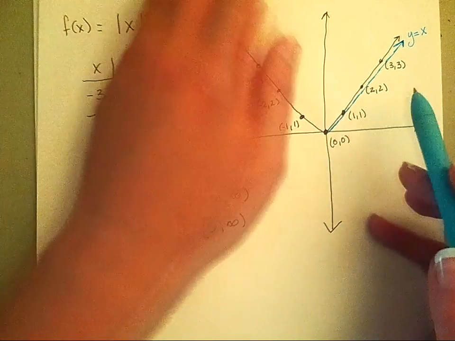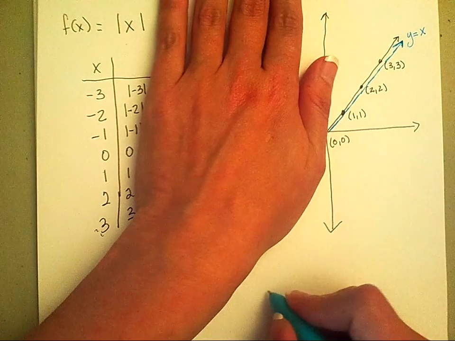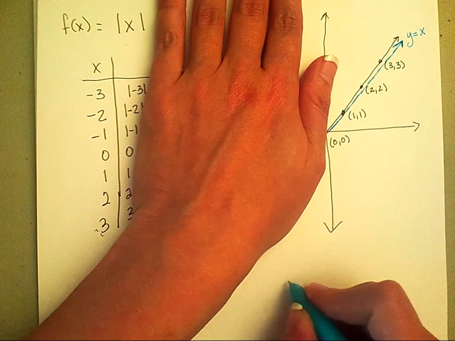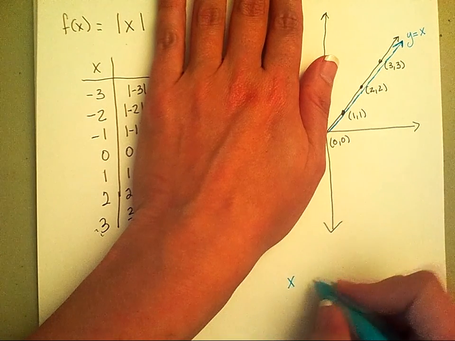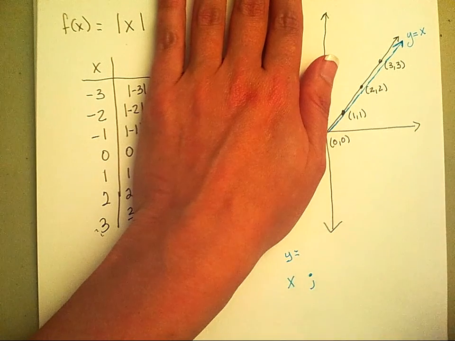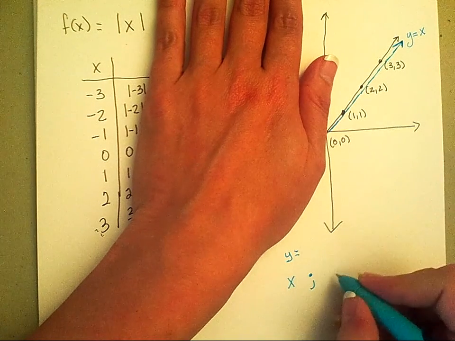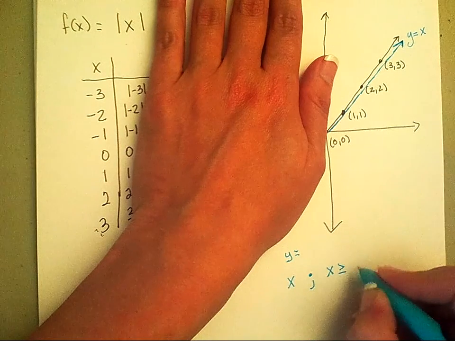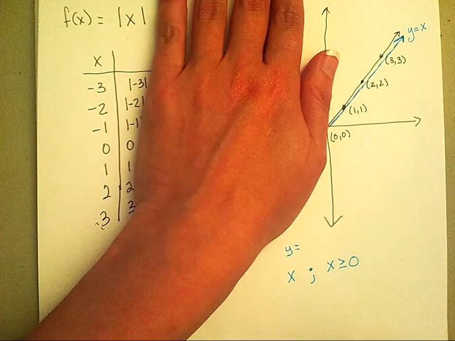Now, it's not true for values less than 0, but true for values that are greater than 0. We could think about this as the line y is equal to x, where x will be greater than or equal to 0.